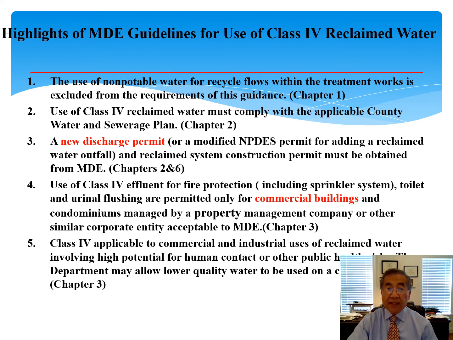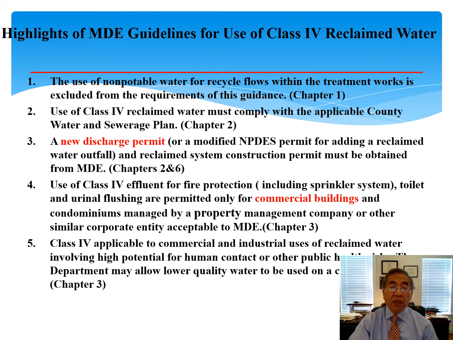That's an exception. And for item number 3, a permit from MDE, the Department of Environment, is required. As I mentioned before, fire protection and toilet flushing can only be used for commercial buildings. For a single home, we are not going to take the public health risk.